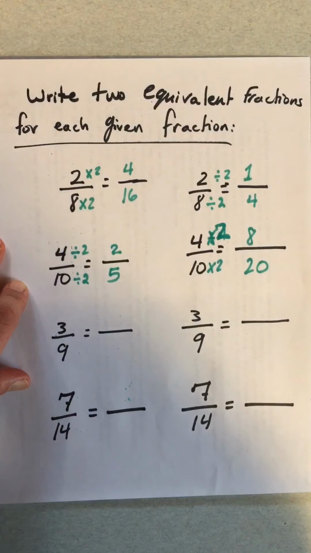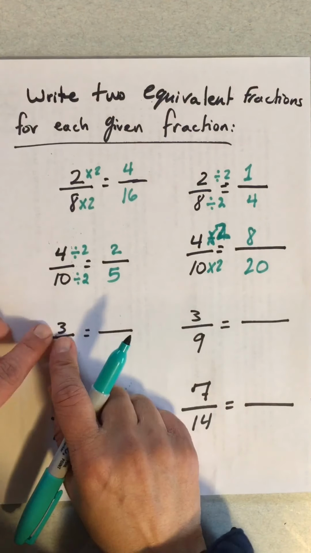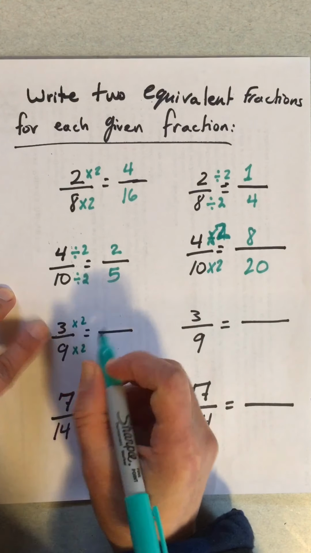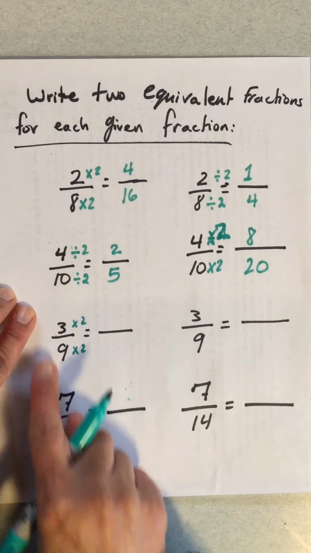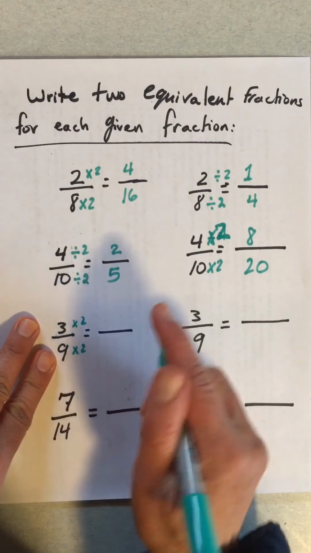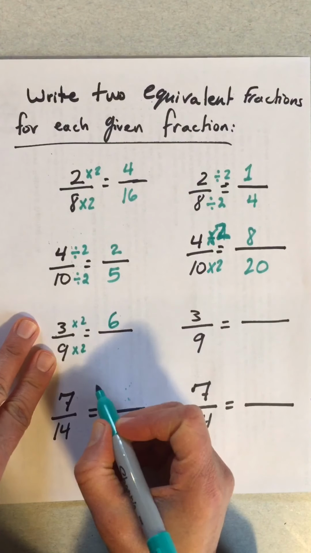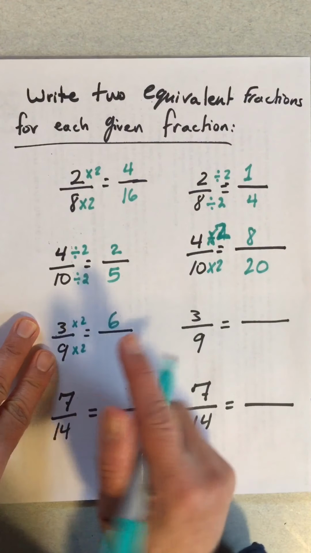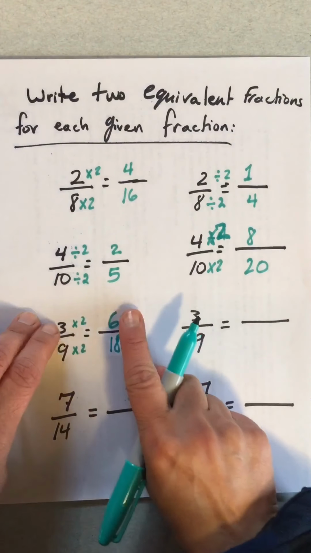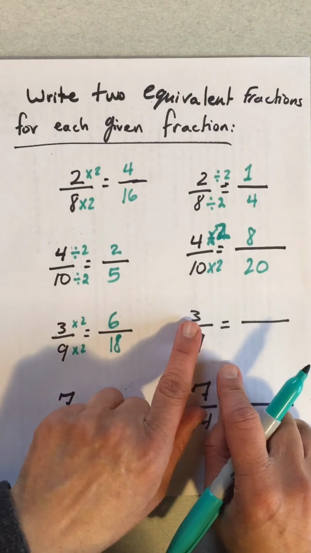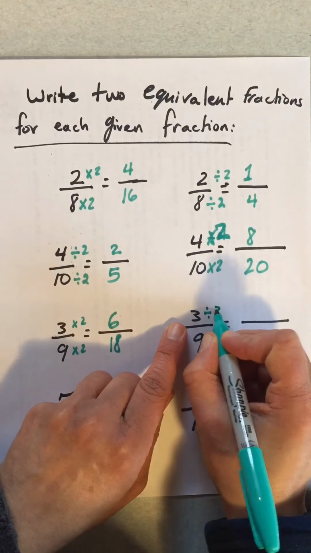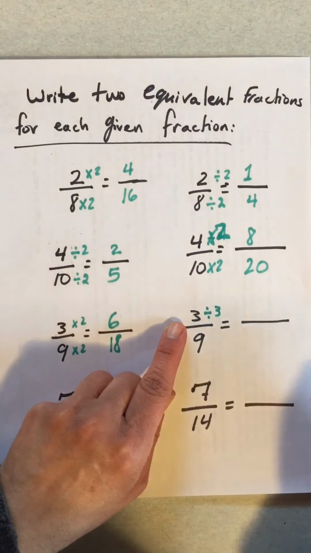Here we go. 3 over 9. I can multiply it by 2. If I multiply the numerator by 2, I multiply the denominator by 2. 3 times 2 is 6. 9 times 2 is 18. These two are equivalent fractions. Here, I can even divide, right? What's 3 divided by 3?